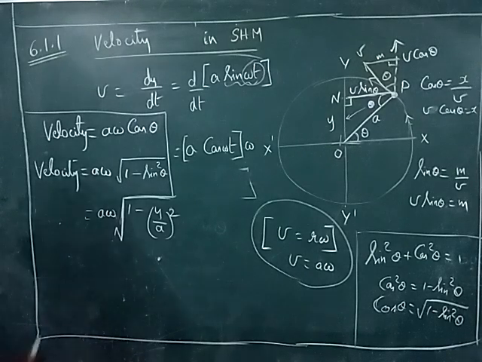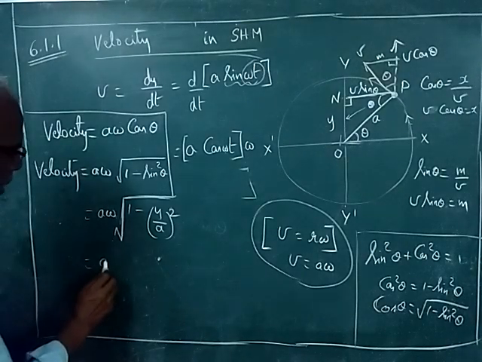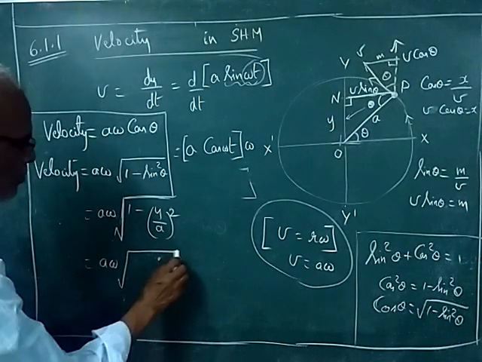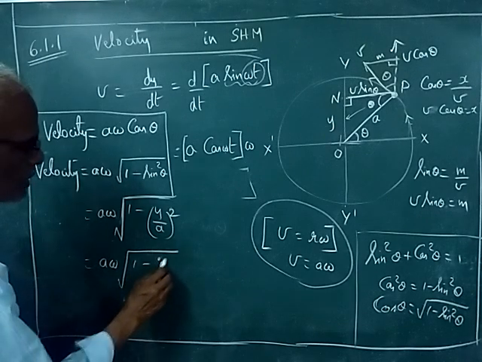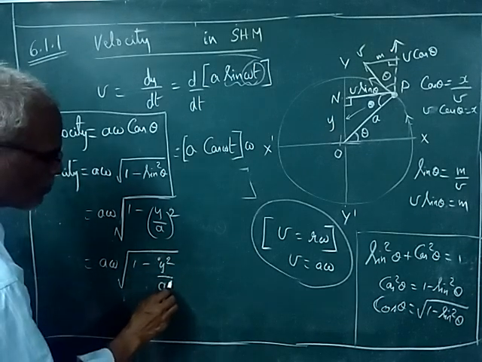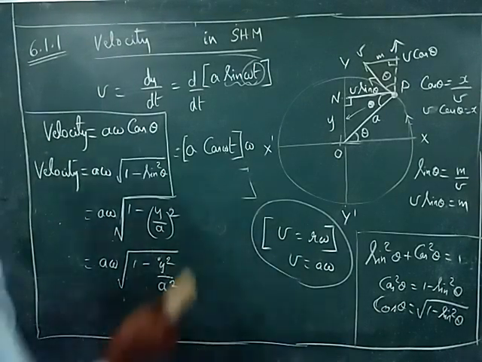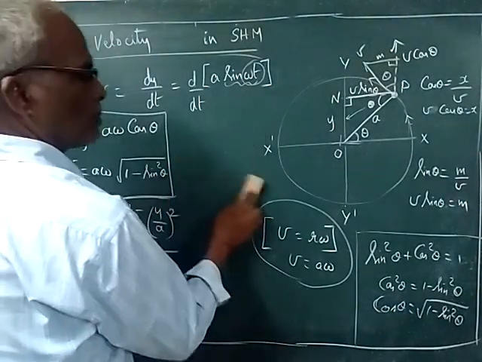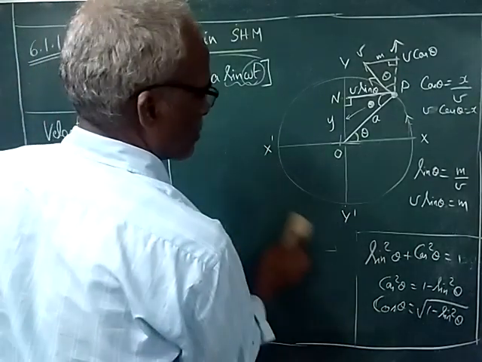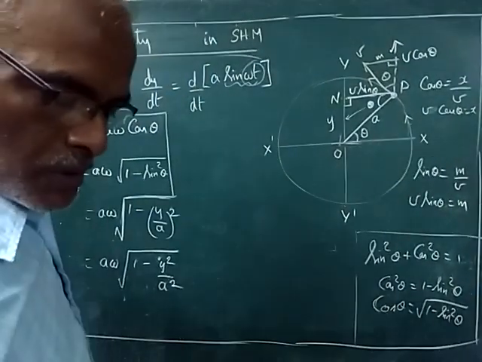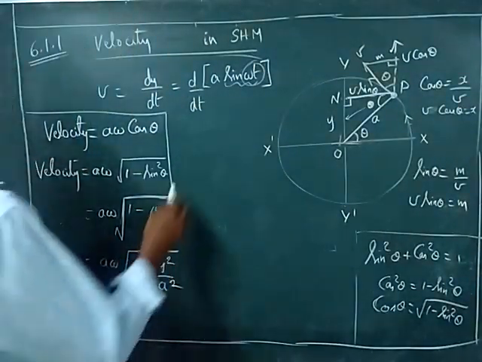So this will give you a omega square root of 1 minus y square by a square. Okay. Next. Take LCM.